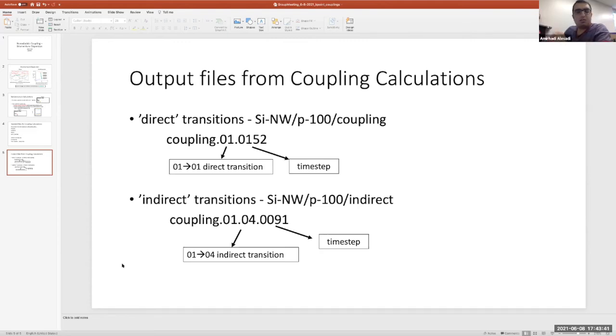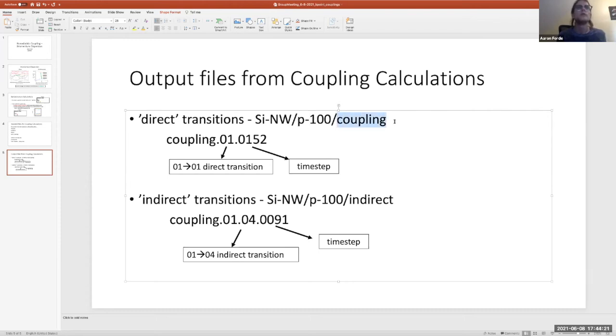Please do. Will all those direct and indirect transition files be generated at the same time after running that SH file? I believe so, though I haven't done the calculations myself yet. I was browsing around a directory where the couplings were computed healthily, and the author computed them in two separate directories.